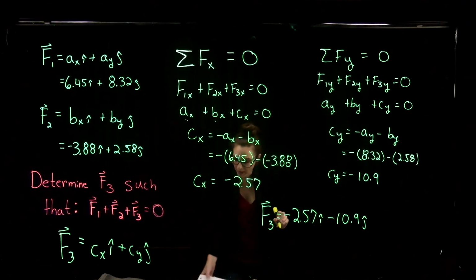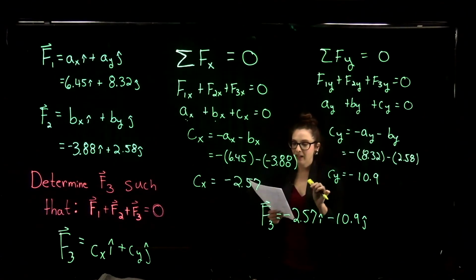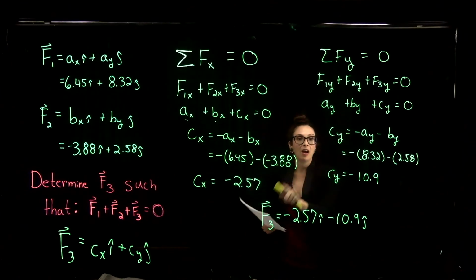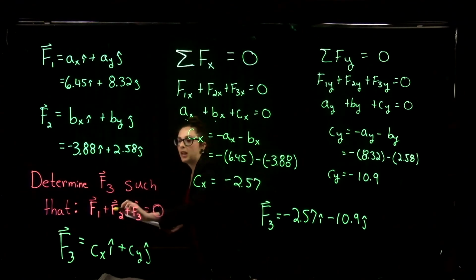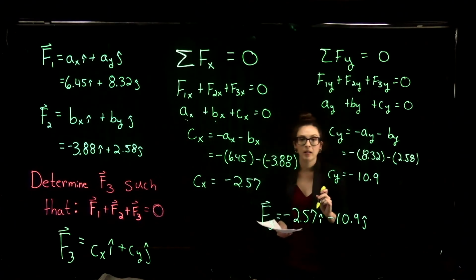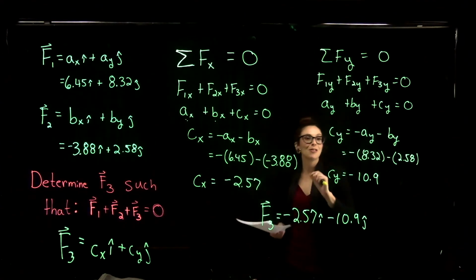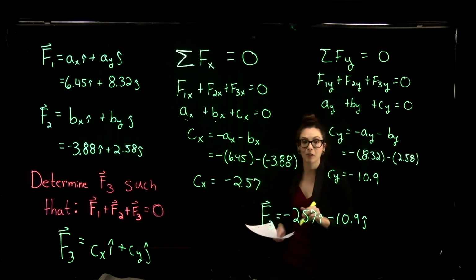And so what you are going to be asked for is the x component of this third force right here. We were asked to determine the third force needed to make the sum of F1 plus F2 plus F3 equal 0. Since I can't ask you for both the x and the y component of this force, I'm only asking you for the x component.